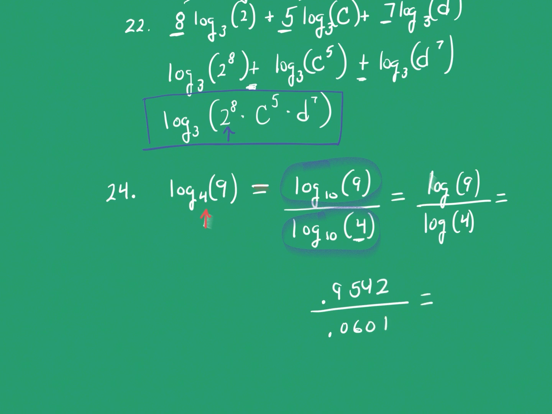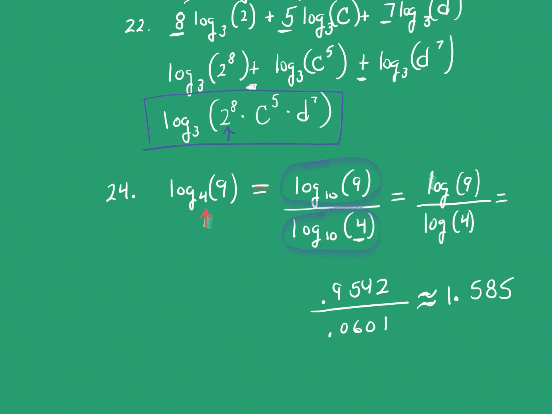And we calculate that, and we should get something like 1.585, approximately. Okay, so even though we don't have a log base 4 button on our calculator, we do have a log 10, and we can use this change of base property to solve the problem.